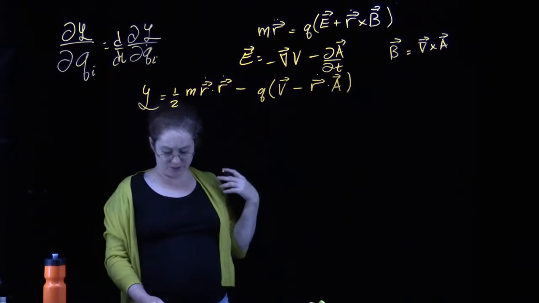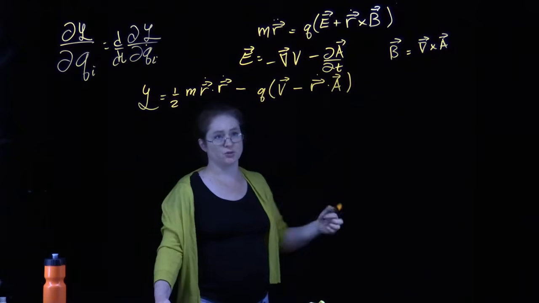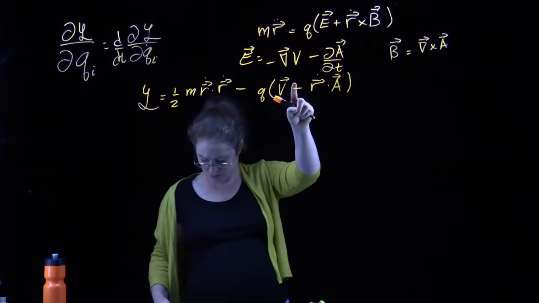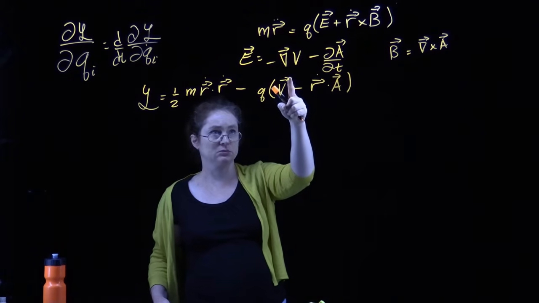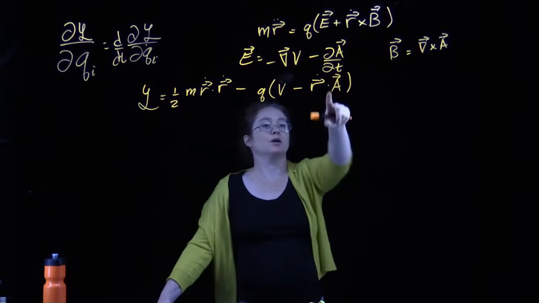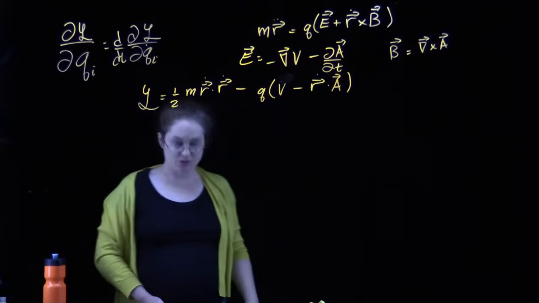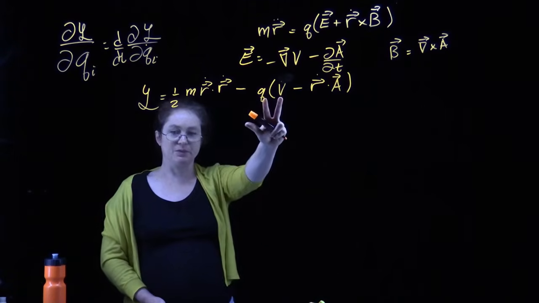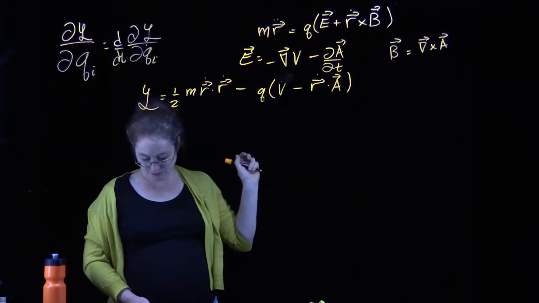Really what we're going to do here is show that this actually works. Now this should be qV minus q r dot A. So this is just our potential energy from our electric field.